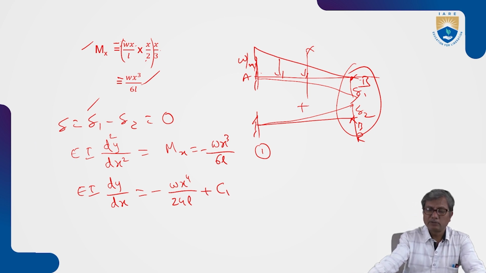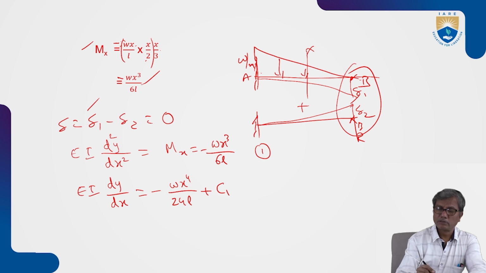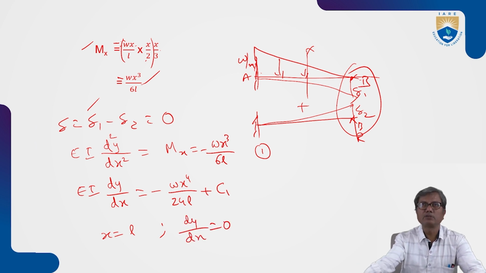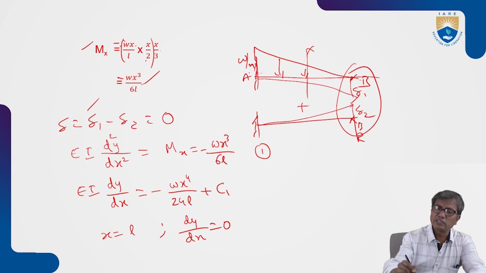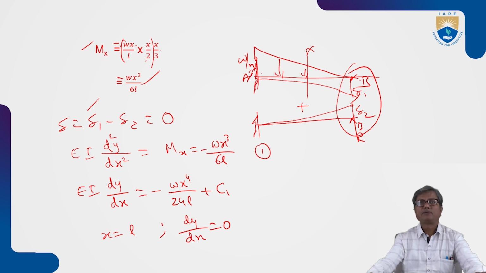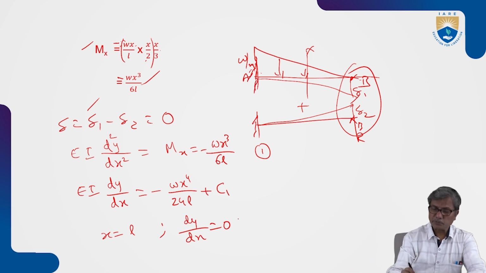How will you get C1 here? By substituting the condition x equal to L, dy by dx is equal to 0. At x equal to L, that means at end A, the fixed end, the slope is 0. Using this condition, we will find out C1. What does this condition give?